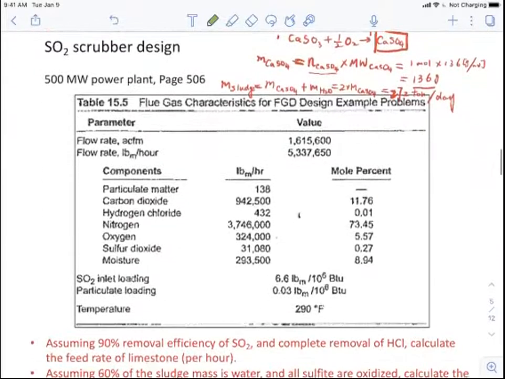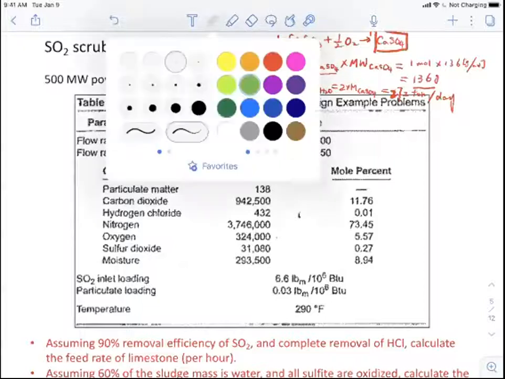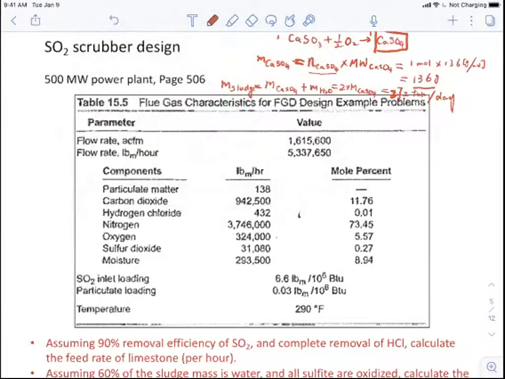Okay, so this is the sulfur dioxide scrubber design problem from your textbook. And I have to say that this problem really looks like your team project. What I really like about this problem is that they provide this table here. What this table shows is the flue gas composition and the flue gas flow rate out of the coal-fired power plant.